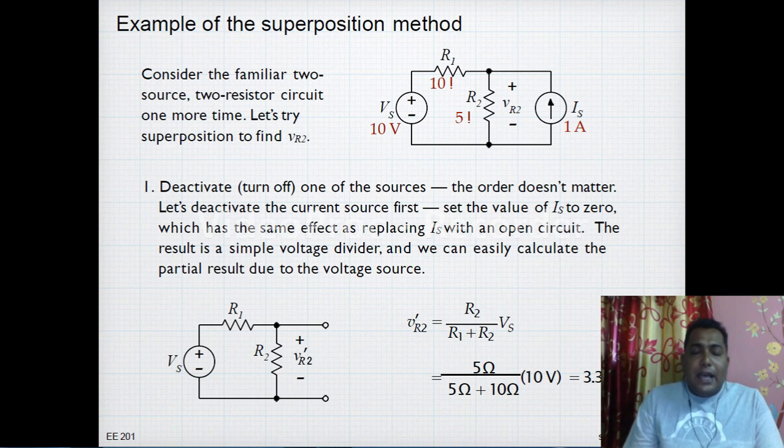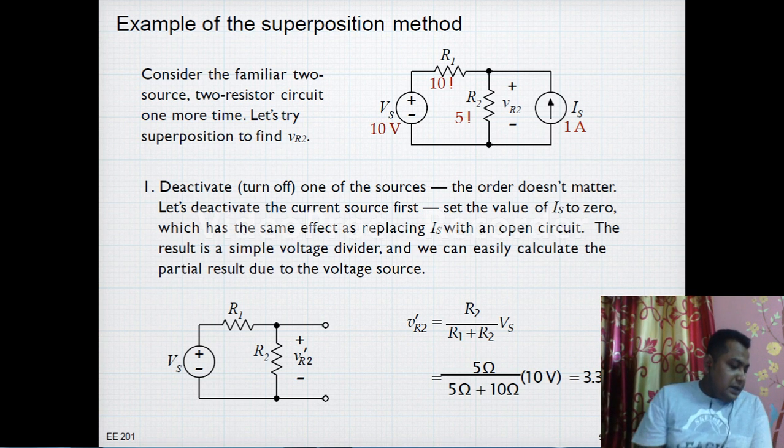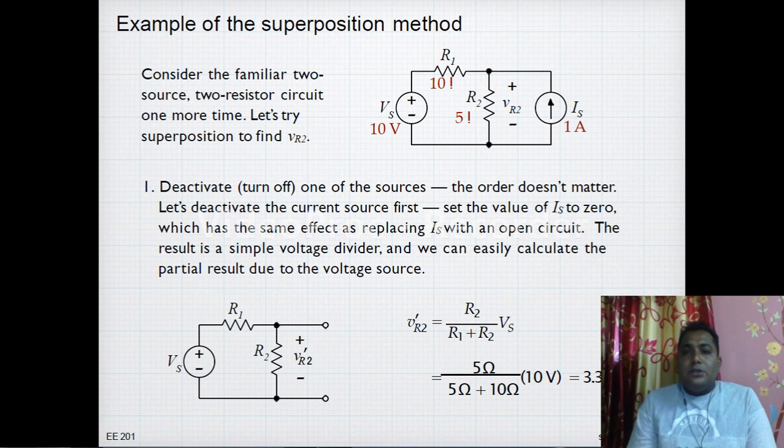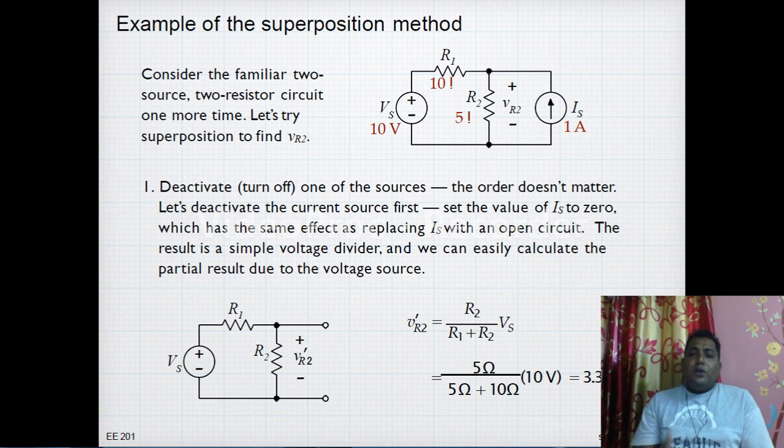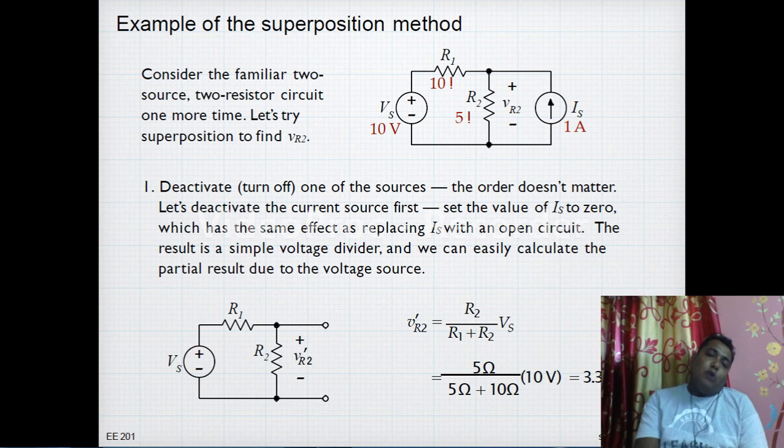As far as the superposition theorem is concerned, for simplicity I have taken a circuit which contains a voltage source and a current source. I'm not going into more details, I'm just telling you how to solve.